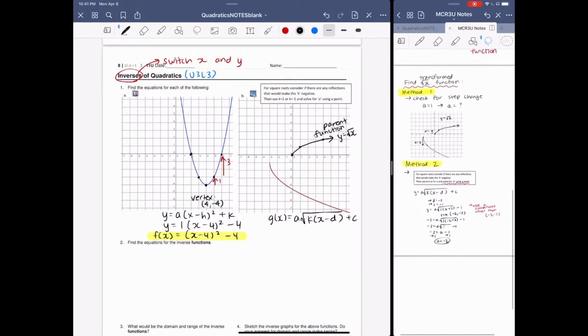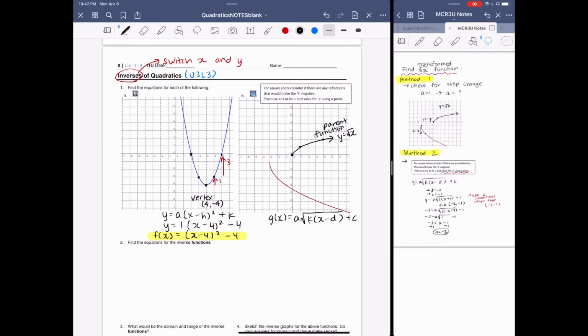Okay, so on the side, I'm going to leave some ways that you can find the a value. There are 2 ways. One way is noticing that for the parent function, the a value is equal to 1, whereas for the transformed function, the a is equal to negative 2 because there's a reflection along the x-axis and the value that it jumps by is 2.